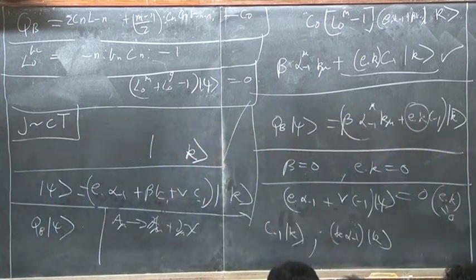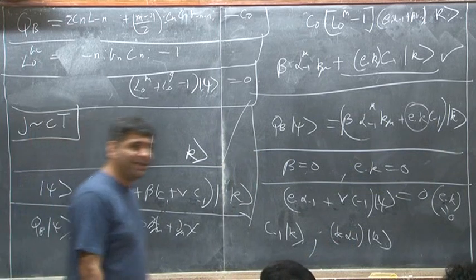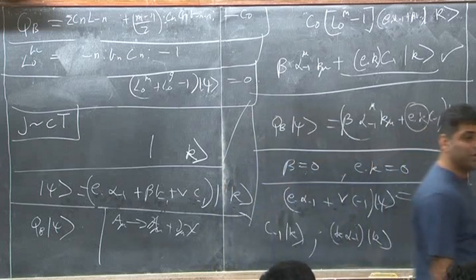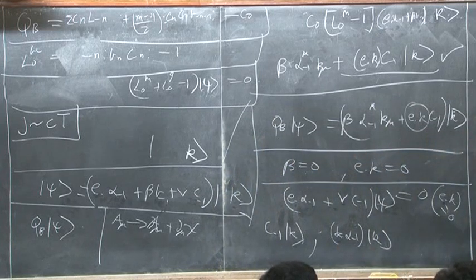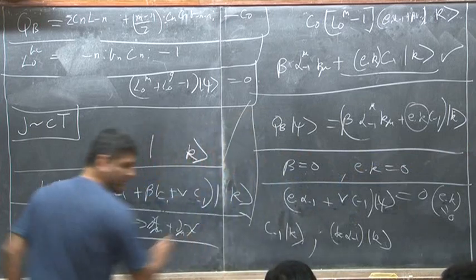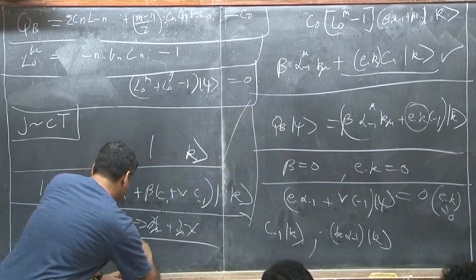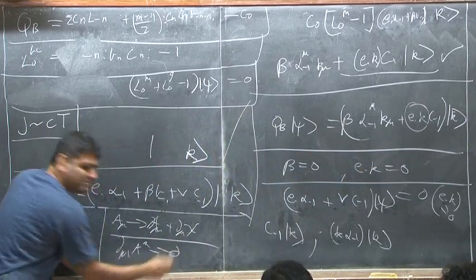Notice, by the way, an interesting thing. String theory scattering amplitudes are automatically computed in Lorentz gauge. Because E dot K was equal to 0. That's the gauge condition from the low energy point of view. Del mu A mu equals 0.